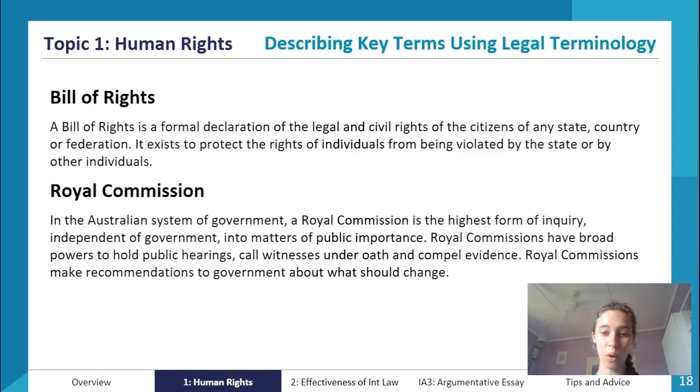Those are the royal commissions. So royal commissions have those broad powers to hold public hearings, call witnesses under oath, and compel evidence. So that just means they have broad powers to seek and gain a lot of evidence from a lot of different people to inform that investigation. And once they have done all of that research, they make recommendations to government about what should change as well.